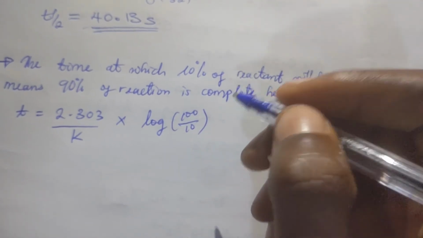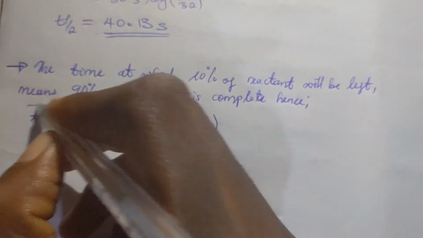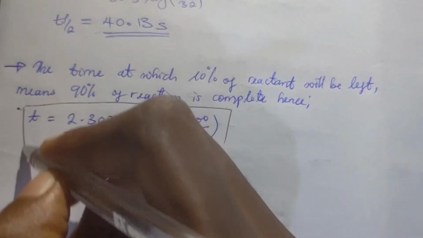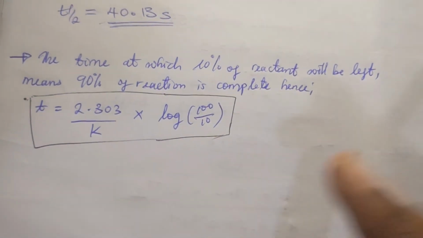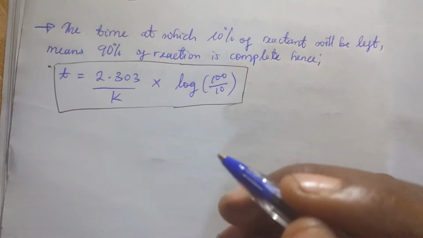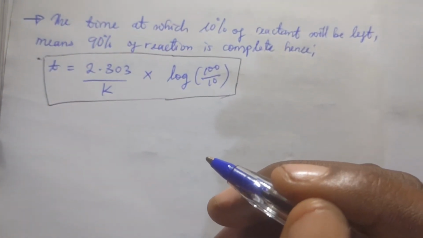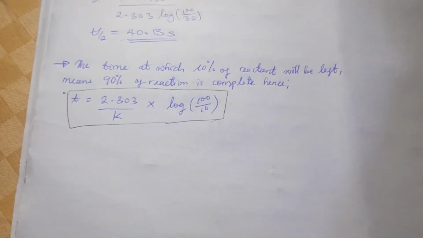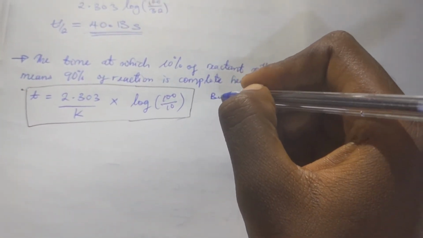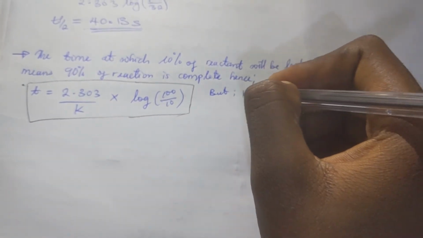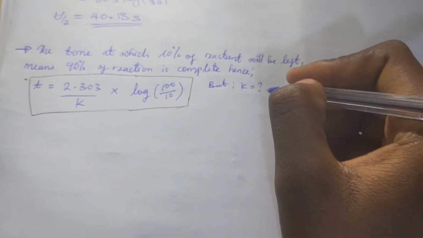Log the initial 100 divided by the percentage left, like how we did up here, where we divided 100 on the 32, which is the unreacted concentration. So here it is 100/10. And we know that, but K, we don't know K. Yes, we don't know K, but we are looking for T.